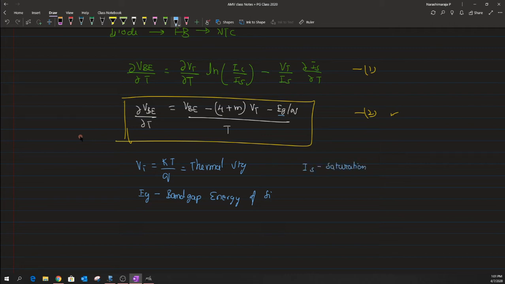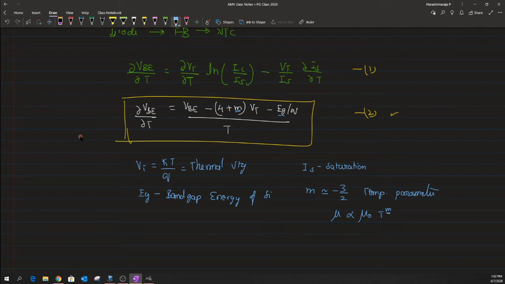which is proportional to all the different temperature terms which we discussed in the last class, and the final term is this factor m, and this m is approximately closer to a value of minus 3 by 2, and this is a temperature parameter, which is related to the mobility, in a way that the mobility of a charge carrier is proportional to the mobility at a temperature of 0 Kelvin multiplied by a temperature term raised to the power of m.